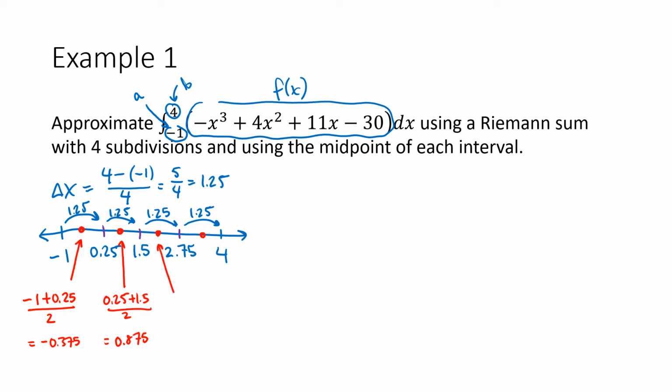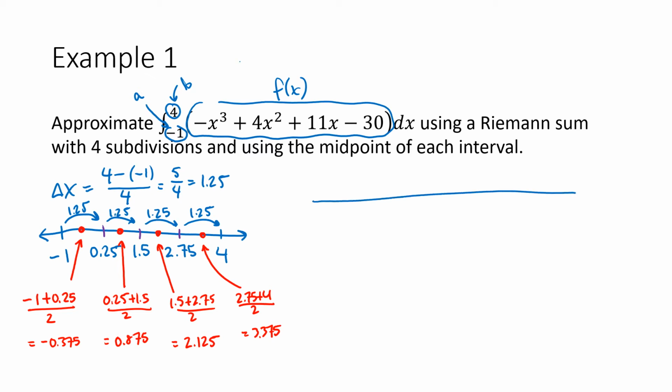And then the average here, 1.5 plus 2.75 divided by 2. That value is 2.125. And then finally the average here, 2.75 plus 4 divided by 2, again taking the average to find the midpoint, we get 3.375. So those are the values that I'm going to plug into this function.